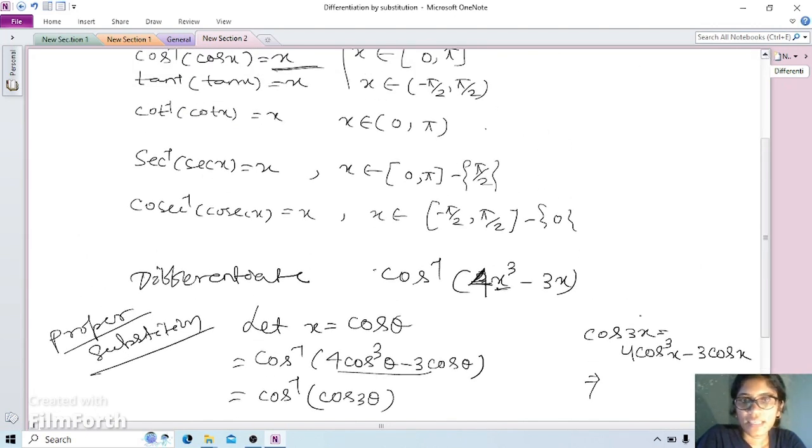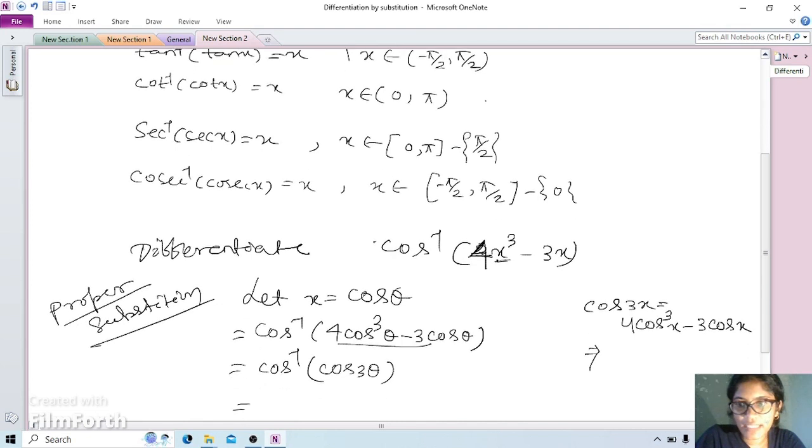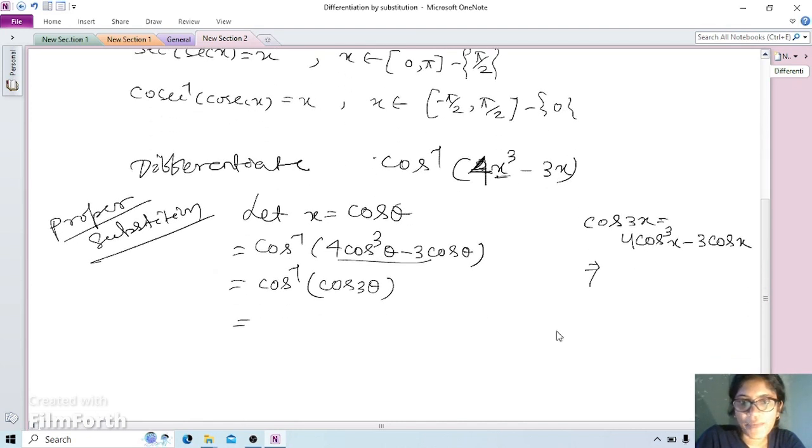That means cos inverse cos 3 theta is equal to 3 theta. Here x equal to cos theta implies theta equal to cos inverse x, so we write 3 cos inverse x.